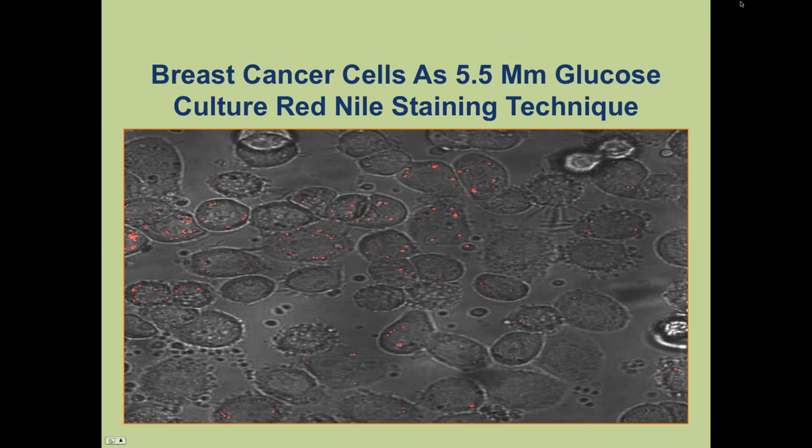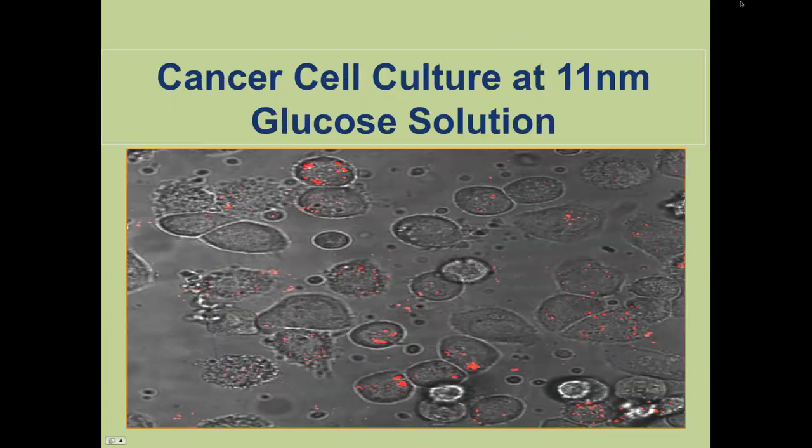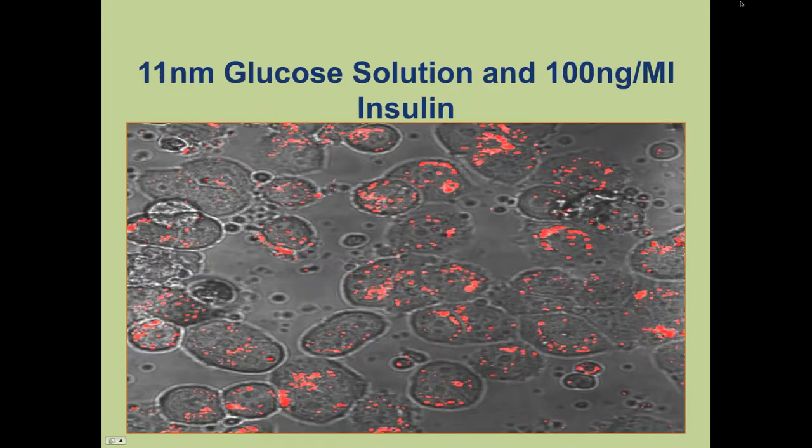And you guys have seen me use these slides before, and this is that whole thing of triggering hypoxia-inducible factor 1: cancer cells in a 5.5 molar glucose solution, cancer cells in more concentration of glucose, cancer cells when you add insulin to it.